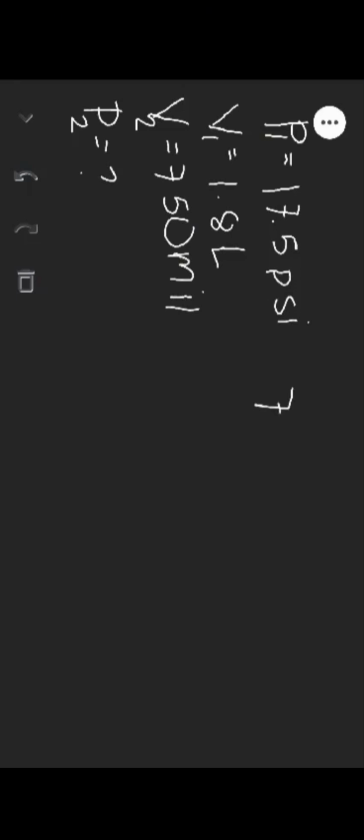The conversion factor is that 1,000 milliliters is equal to 1 liter. So 750 over 1 times 1 liter over 1,000 is equal to 0.75 liter. So V sub 2 is equal to 0.75 liter.